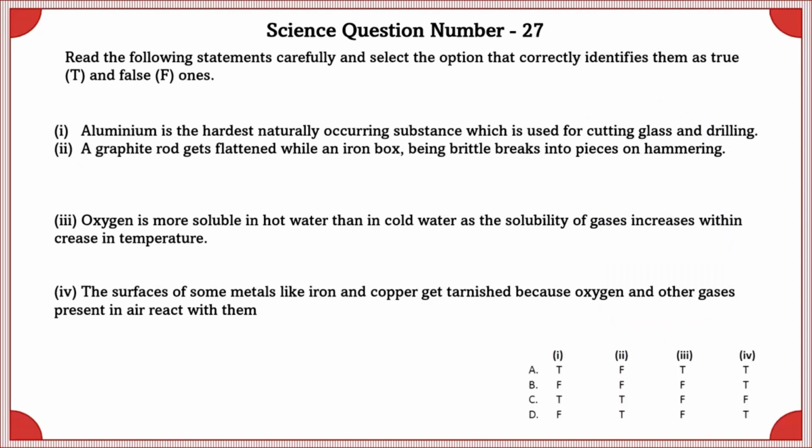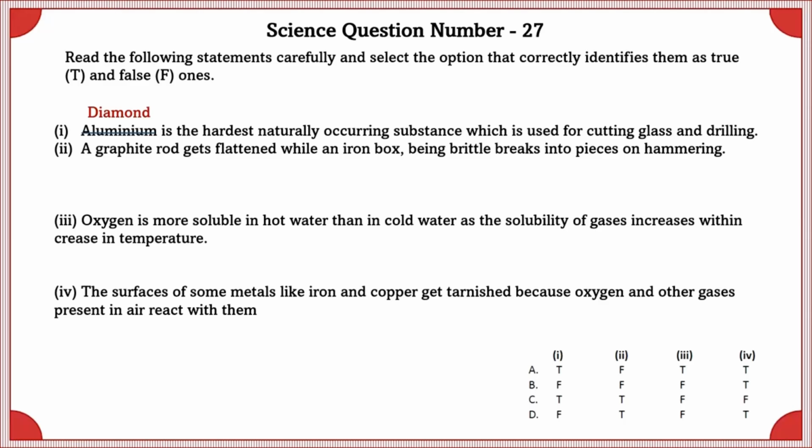Science question number 27. Read the following statements carefully and select the option that correctly identifies them as true and false ones. 1. Aluminium is the hardest naturally occurring substance which is used for cutting glass and drilling. Wrong. Diamond is the hardest naturally occurring substance. Second one.